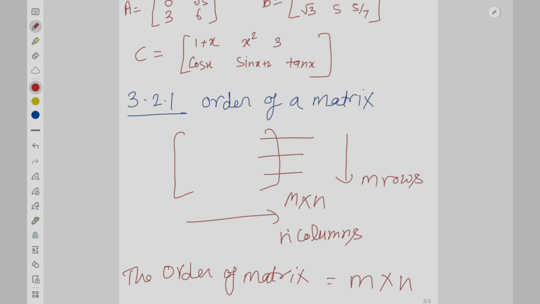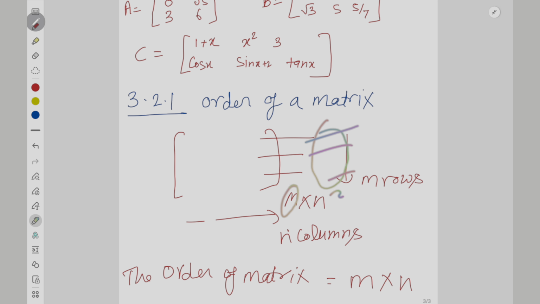Here is the first column, second column, third column, up to the nth column. The number of columns is n. Similarly, in the rows, first row, second row, third row, and the last one is the mth row. The number of rows is m. So the first one is rows and the second one is columns.